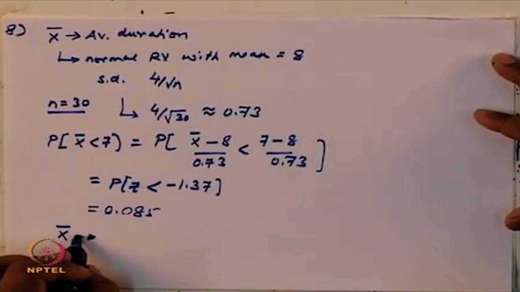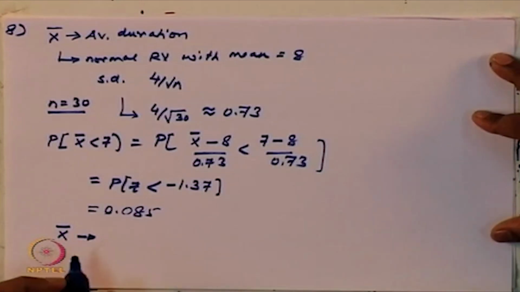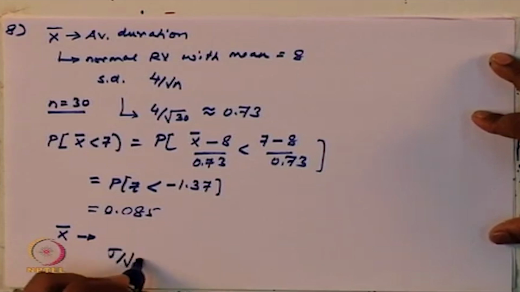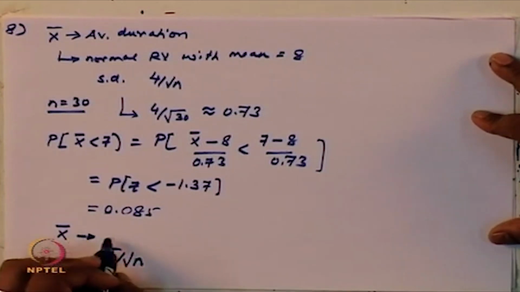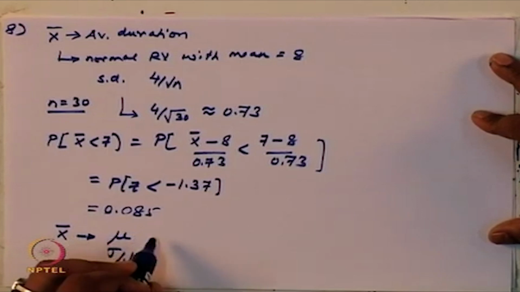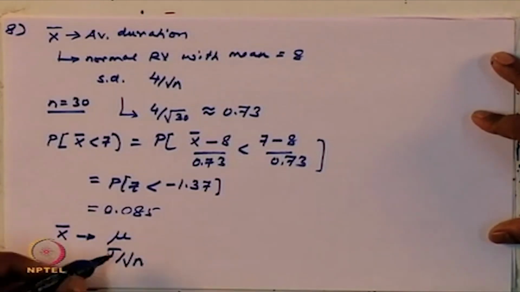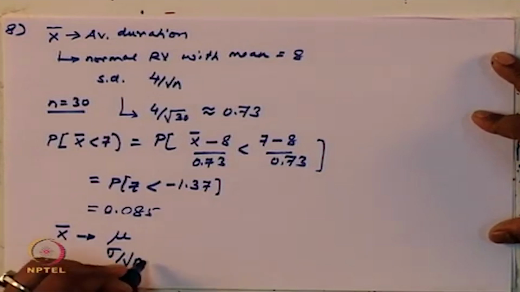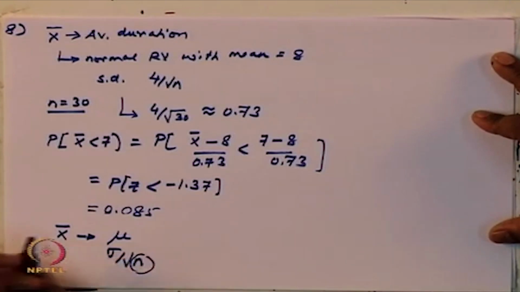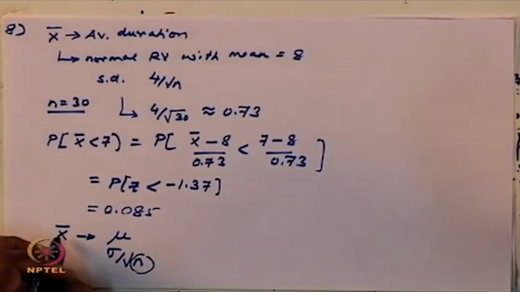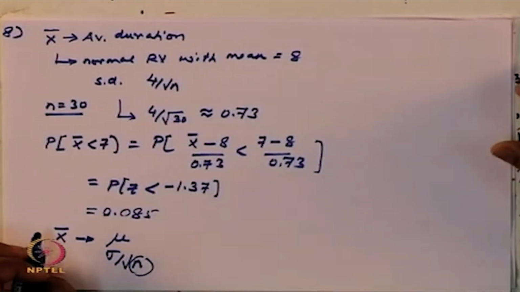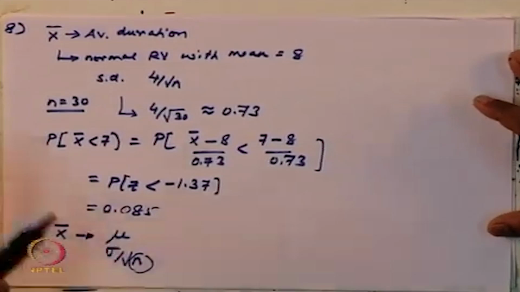Because of the x bar dependence, the mean is mu, the same as the random variable x, but the standard deviation of the sample mean is sigma by root n. Because of this scaling, when you increase the number of measurements, you get a much better estimate of the sample mean. With that, I will stop here and we will continue in the next class.